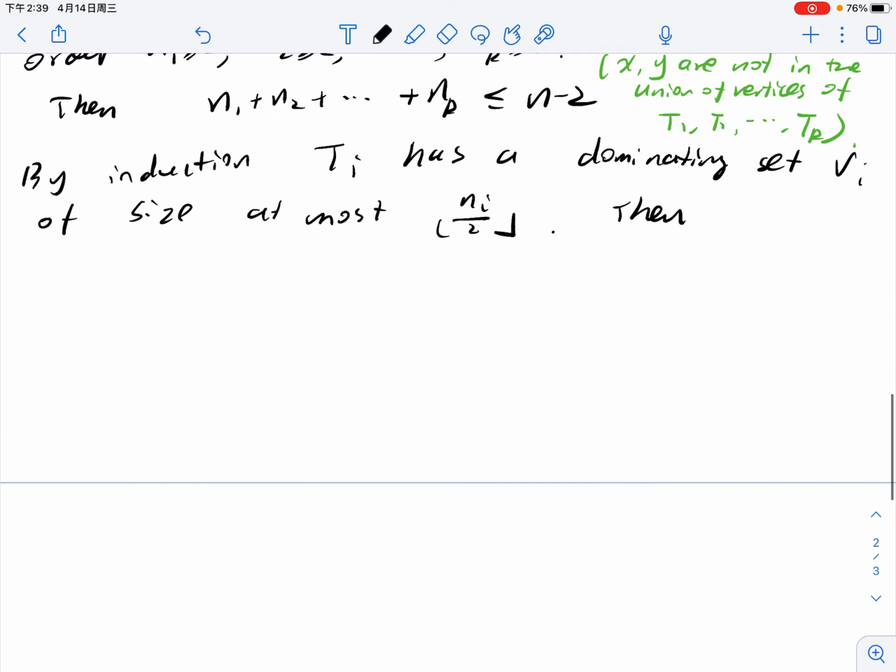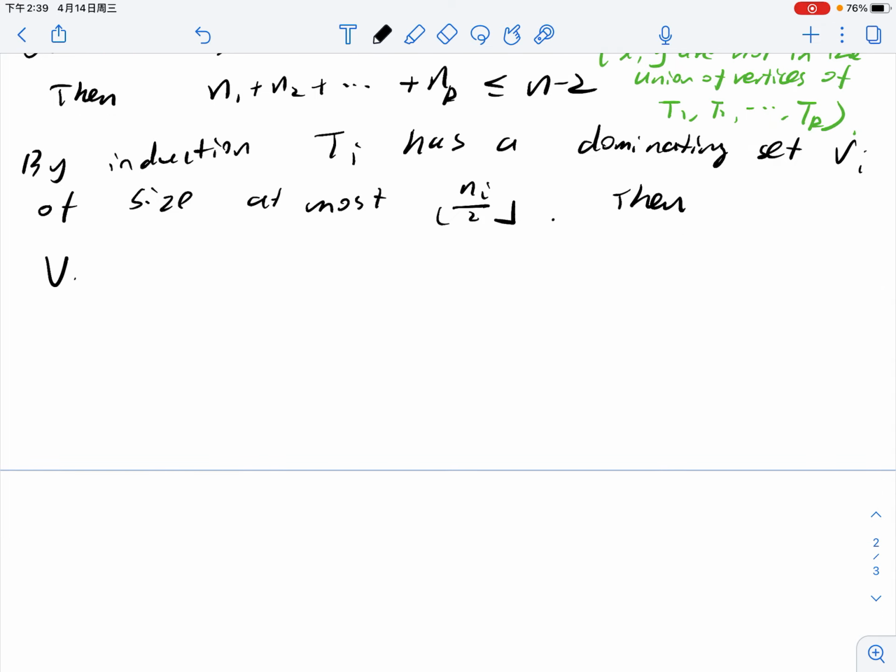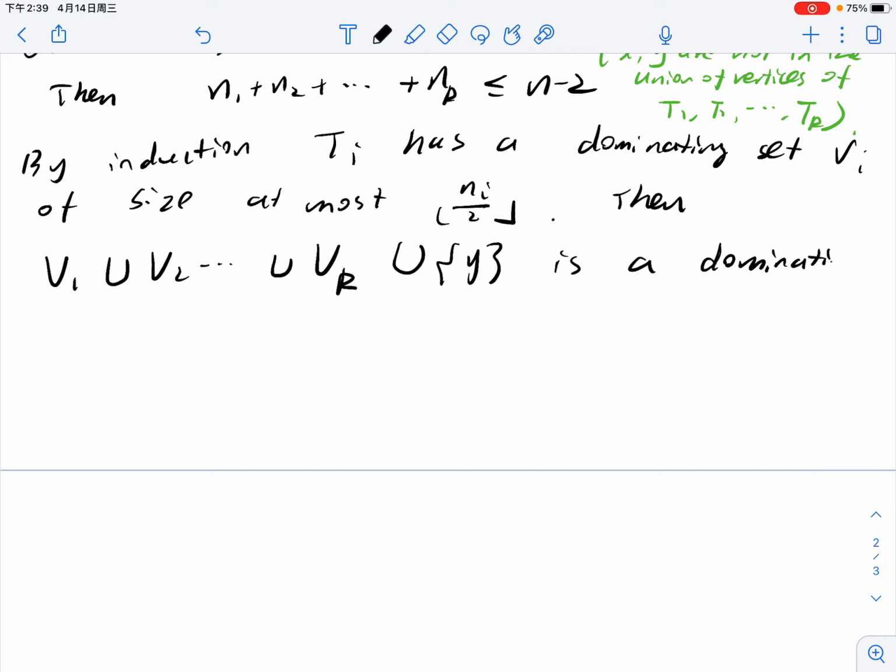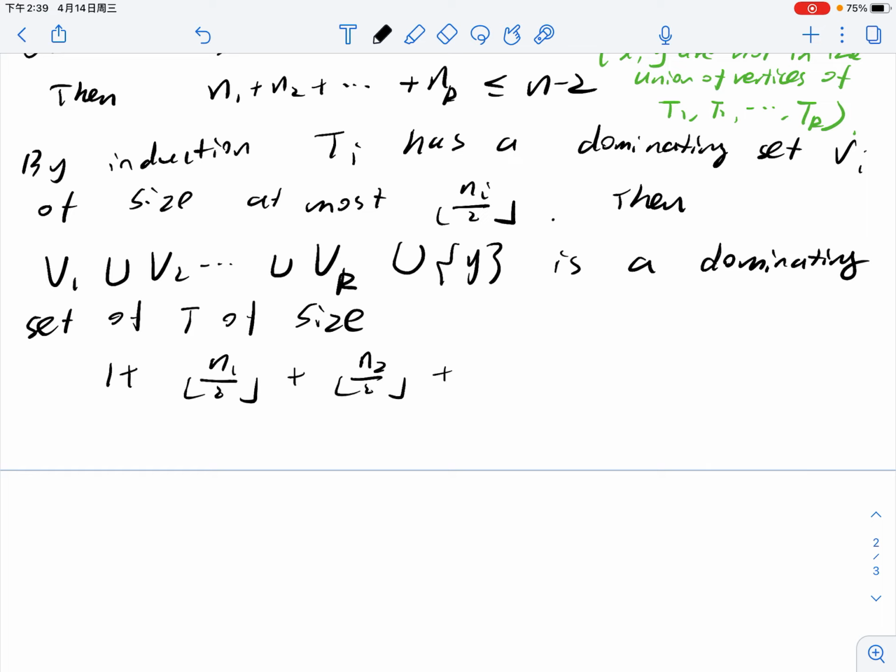Then V1 union V2 union all the way to Vk union {y} is a dominating set of T of size at most 1 plus floor of n1 over 2 plus floor of n2 over 2 plus ... plus floor of nk over 2, which is less than or equal to 1 plus floor of (n minus 2) over 2, which is floor of n over 2.